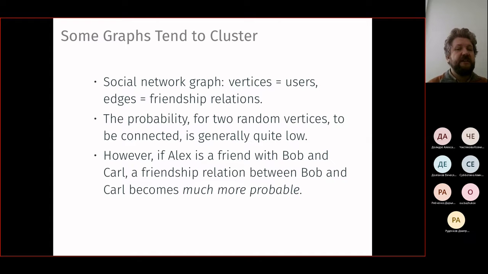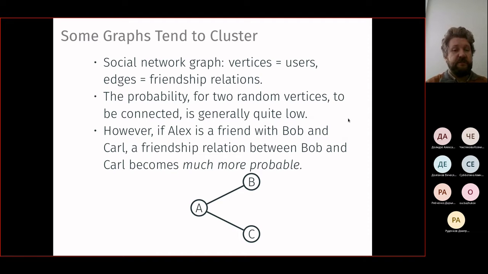But the other thing is that if, say, Alex is a friend of Bob and Alex is a friend of Carl, then the friendship relation between Bob and Carl becomes much more probable. You can see it on the picture. This is A, B, C. Given that B and C are friends of some A, which is a so-called conditional probability, the probability of friendship between B and C becomes much higher than it was originally for arbitrary random vertices.